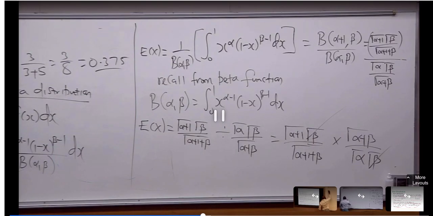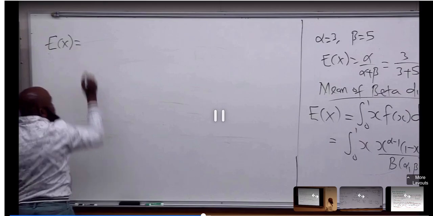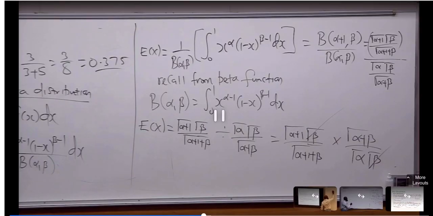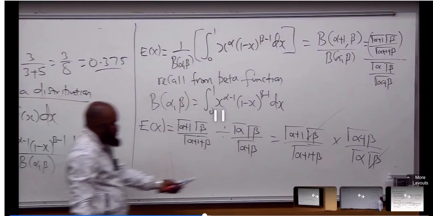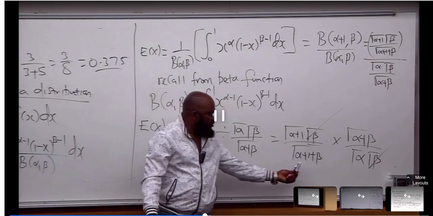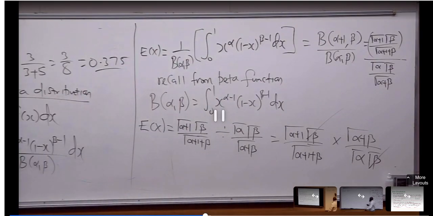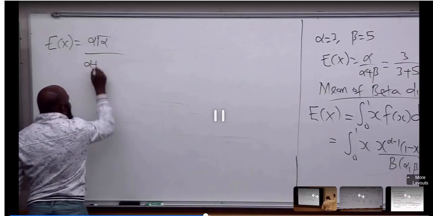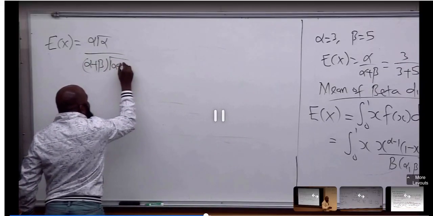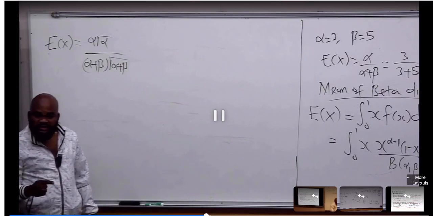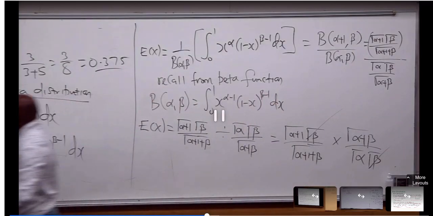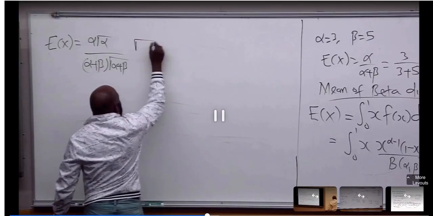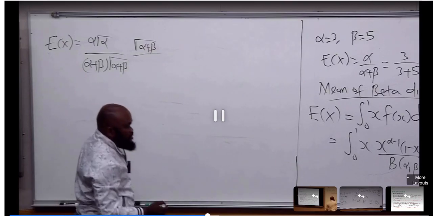Now, E of X equal, instead of gamma alpha plus 1, gamma alpha plus 1 can be alpha gamma alpha. This guy, alpha gamma alpha. What about this guy? That can be alpha plus beta, gamma alpha plus beta. Don't forget, gamma 7 is 6 gamma 6. Right now, we got this over that. Gamma alpha plus beta divided by gamma alpha.